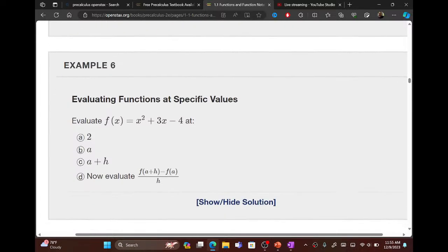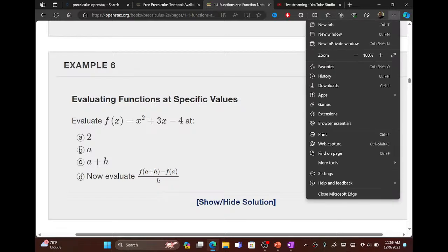Now, in this example 6, we're going to look at how to evaluate functions. I'm just going to do that same thing I did earlier.